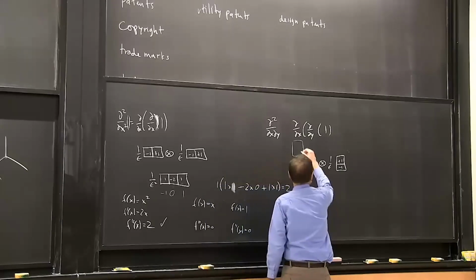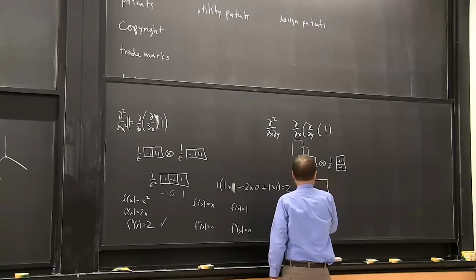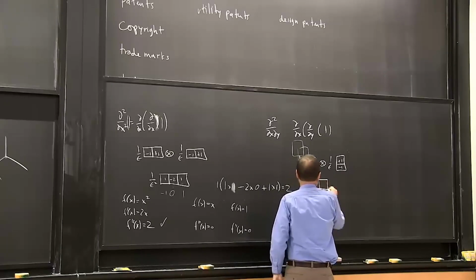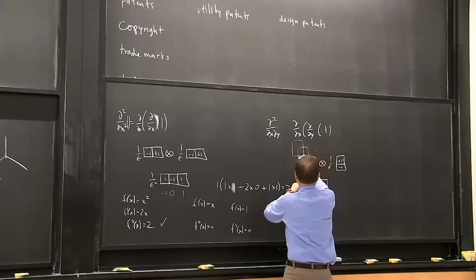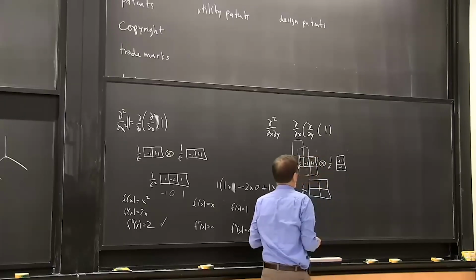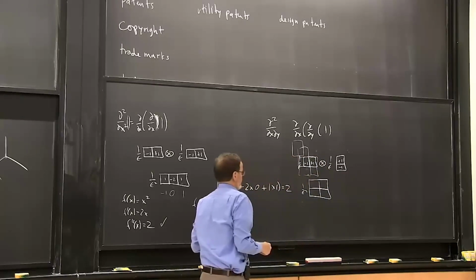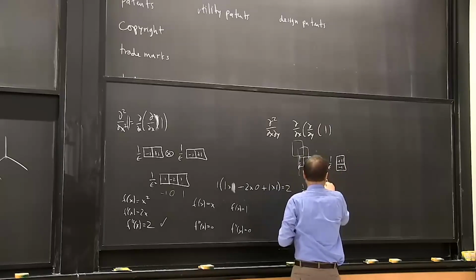Okay, but then what if I move it here? Well, then there's an overlap. And then I move it over there, there's an overlap, and I can move it down here, there's an overlap, and I move it down here, and so I expect to get 4 values out of this convolution, and so I'm going to get something like this.